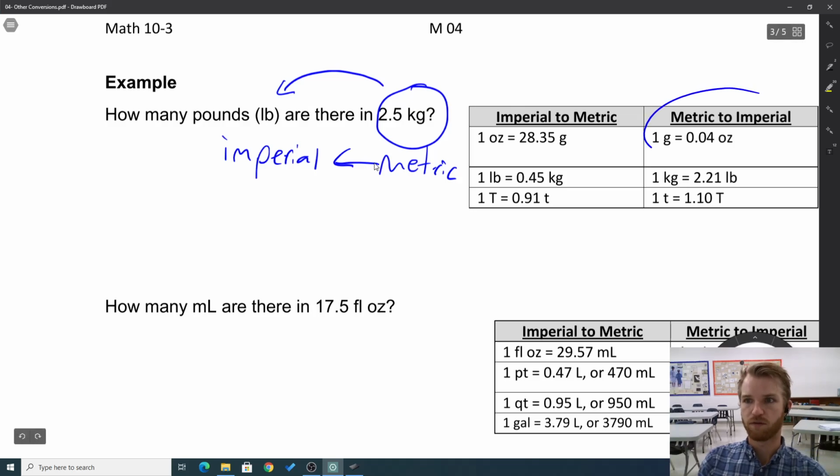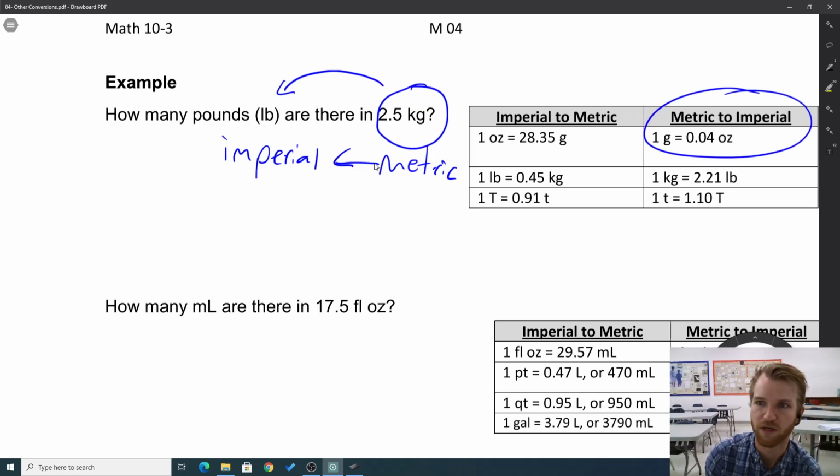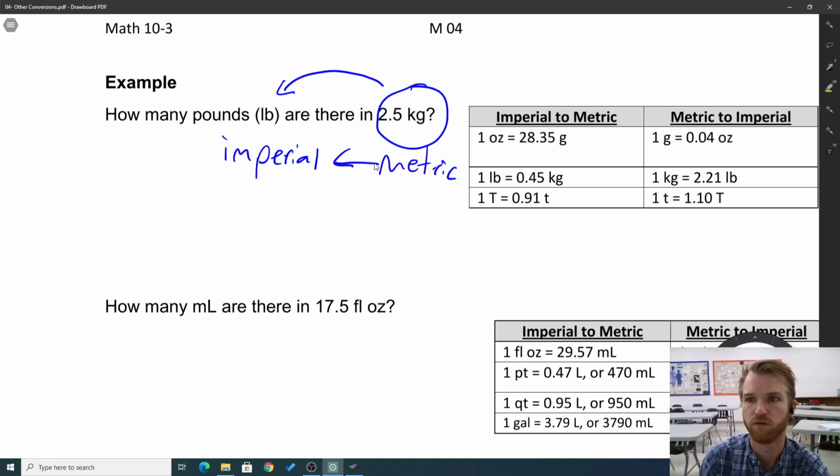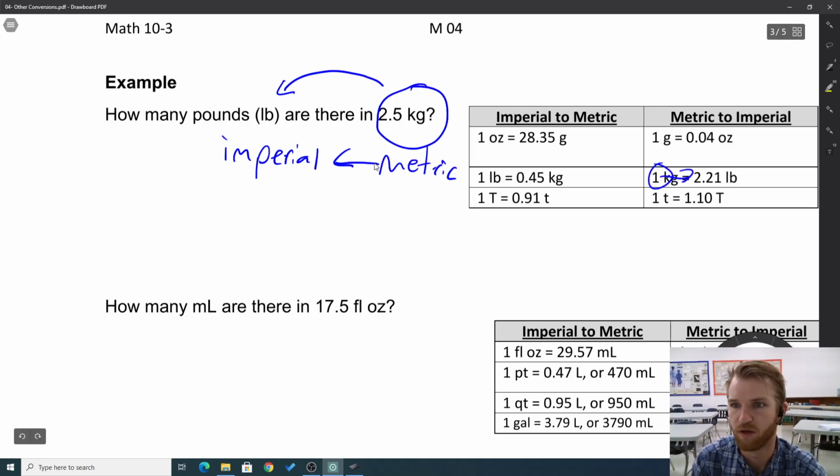The easiest set of relationships to use then is the one that says metric to imperial, starting at metric, going to imperial. Because this will have your values starting here with your metric. So we are going from kilograms to pounds. So we find kilograms, and we need to convert it to pounds. 1 to 2.21. If you have a 1 here, you are going to just multiply by the number on the other side.